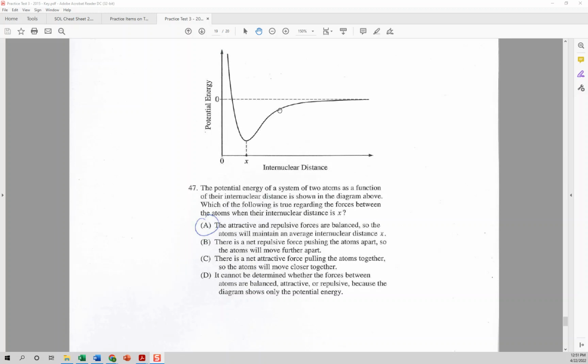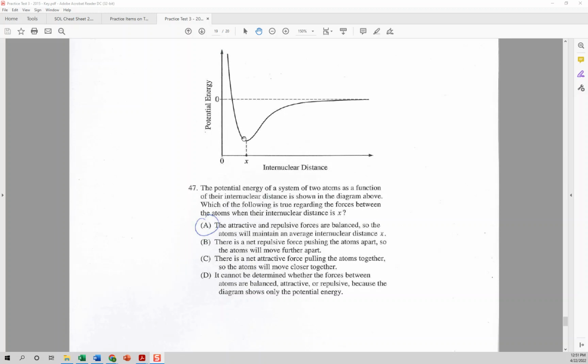you're maximizing attractive forces and minimizing repulsive forces. But if they start to get too close together, the positively charged nuclei are going to start to repel each other. So you have attraction, attraction, attraction due to the stabilizing characteristic of both their electron configurations satisfying the octet rule.